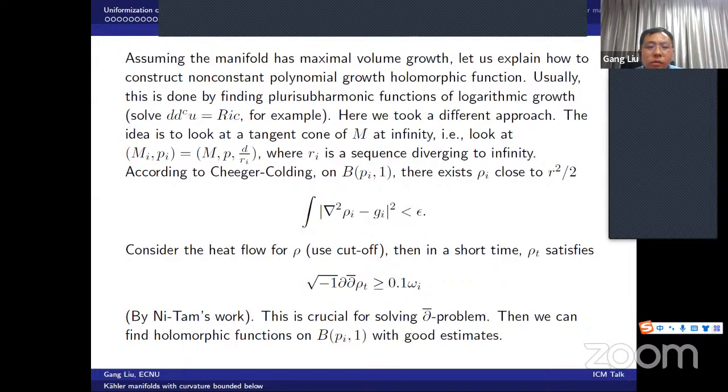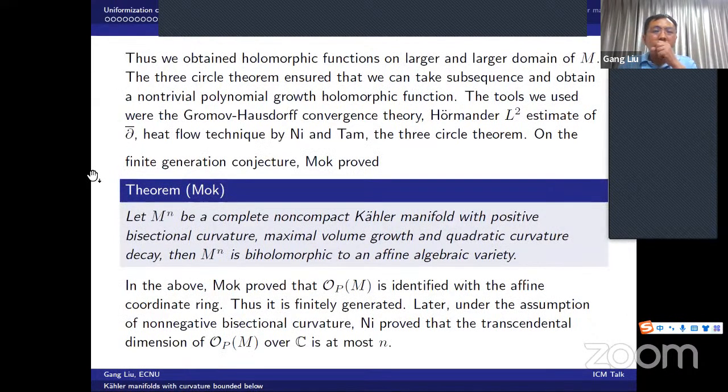Such a function is only local, so it is only on B(p_i, 1). So we obtain holomorphic functions on larger and larger domains. Then we are in a position to apply the three-circle theorem. By a suitable normalization, we can take a subsequence to get a non-trivial polynomial growth holomorphic function.